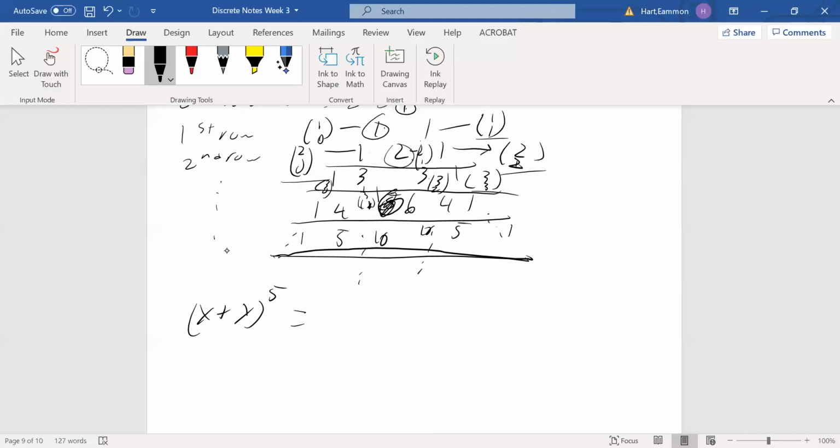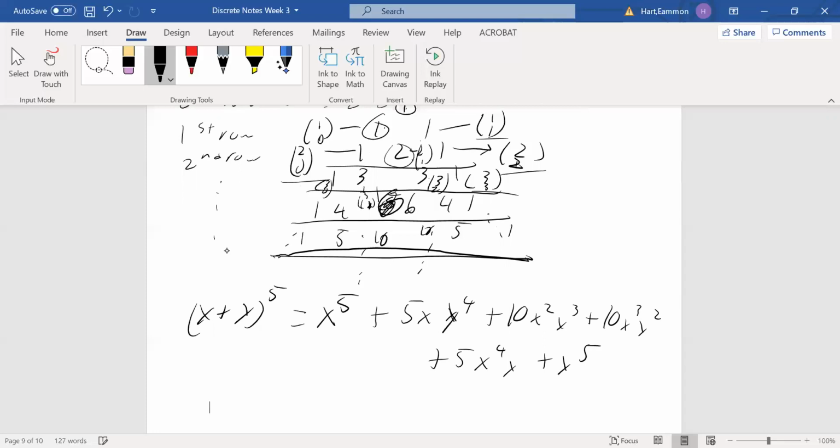I could just say, okay, that means it's going to correspond to the 5th row of Pascal's triangle. So it's going to be x to the 5th plus 5 x to the 4th y plus 10 x squared y cubed plus 10 x cubed y squared plus 5 x y to the 4th plus y to the 5th, by just going across.